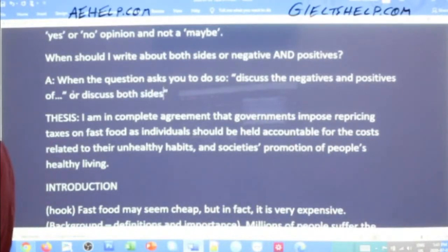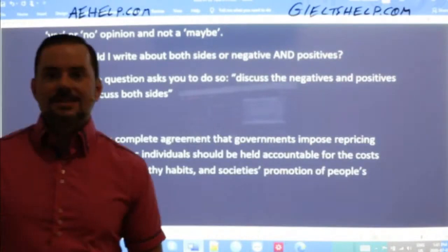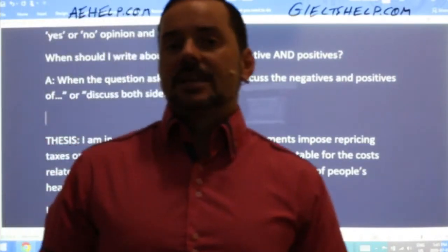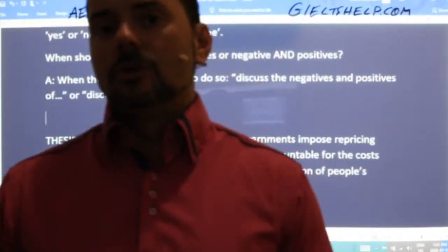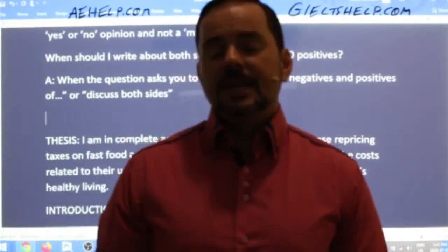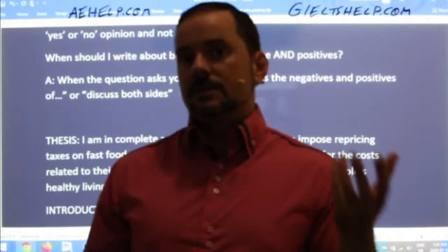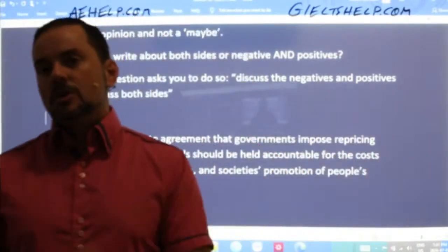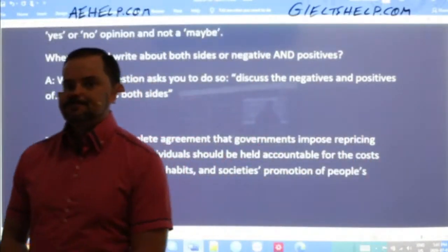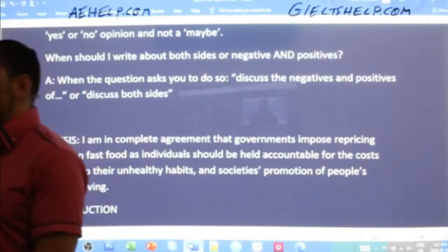So in that case, you want to discuss both sides. But if it's not asking you for that, it's asking you to choose one side, or if it's asking to what extent do you agree, in most cases you go with one side, you create two strong points for your argument, like in our essay, and then you go with that. Okay? Yeah, exactly, Samuel. Very good.